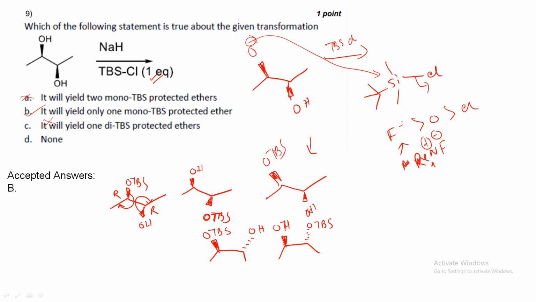So now these two are not enantiomers, they are homomers, because if we do, let's say, a 180-degree rotation around this axis, we would generate this particular molecule itself.